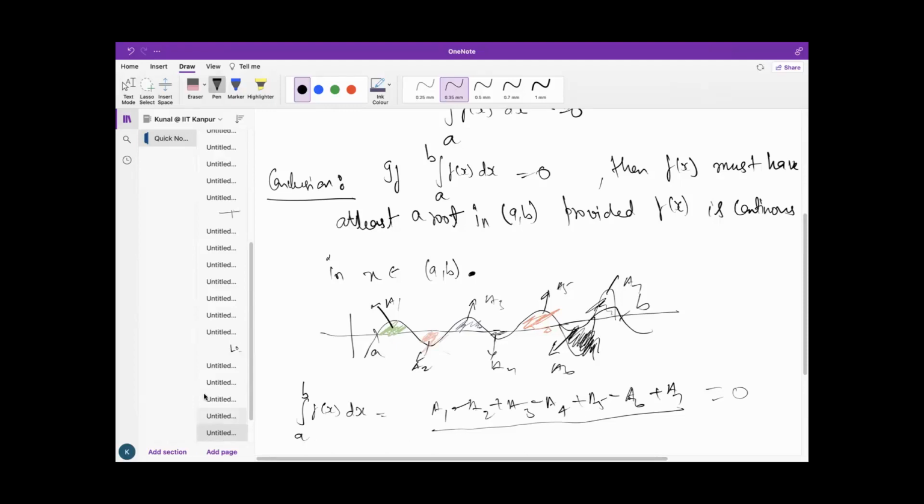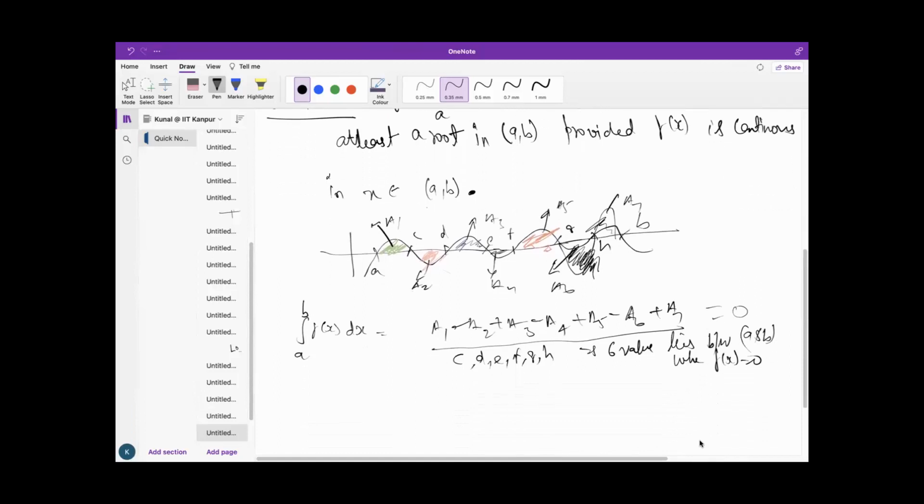I hope you all understand. So let me write here the values first. Like this is C, D, E, F, G, H. So there are 6 values that lie between A and B where the f(x) value is 0.